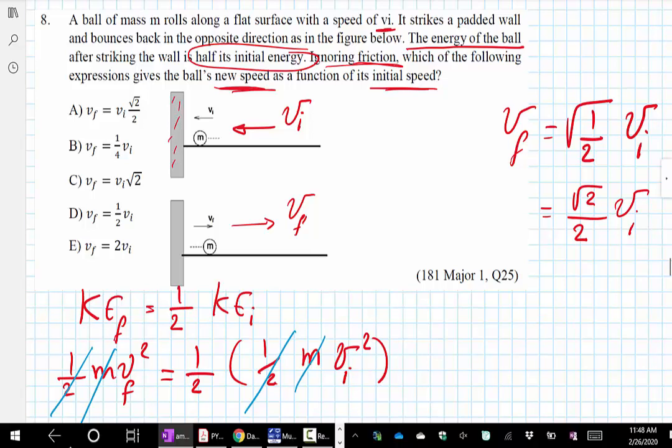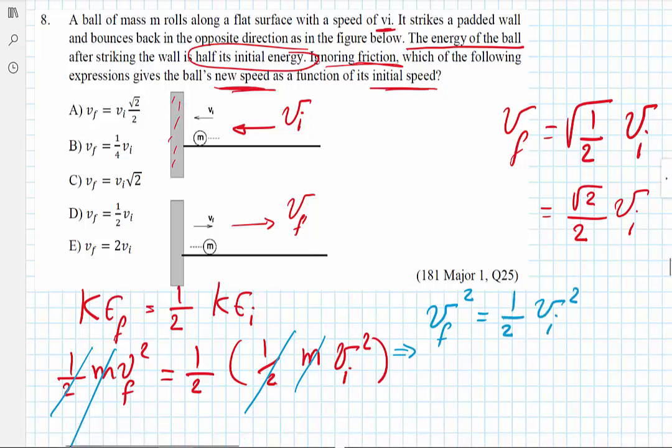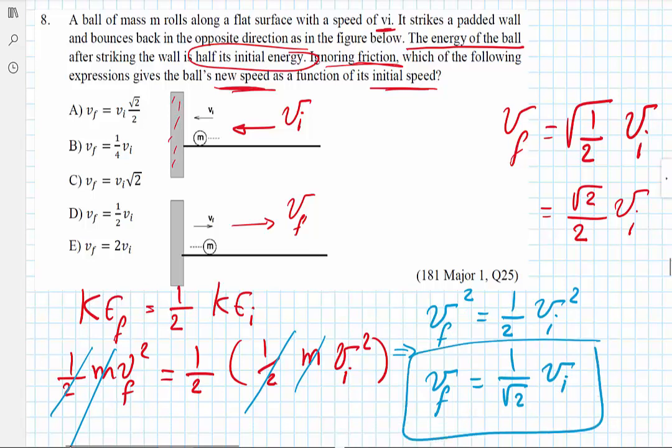So the leftover is v final square equals 1/2 times v initial square. We take the square root of the whole equation. So v final equals the root of 1/2, which is 1 over root 2, times v initial. So this is the right answer, which was found before. The right solution is number A.